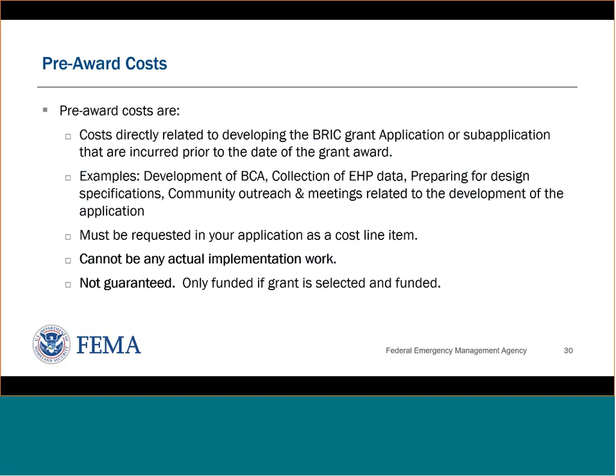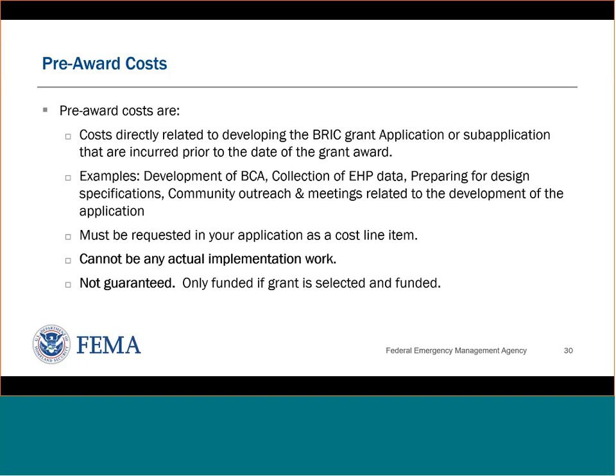Pre-award costs. Okay, these are costs directly related to developing your grant application or sub-application that are incurred prior to the date that you receive a monetary award for your project from FEMA. So the pre-award period starts on the date that the application period opens.